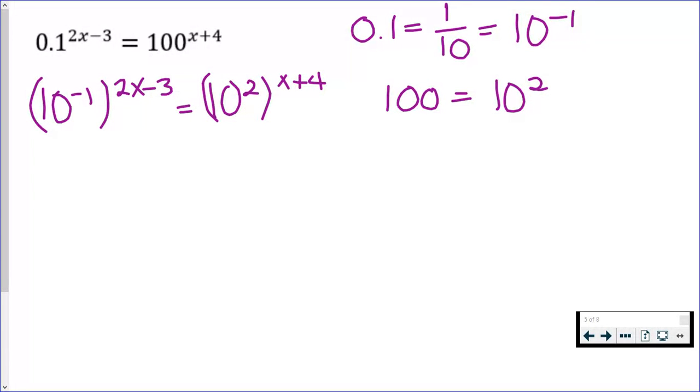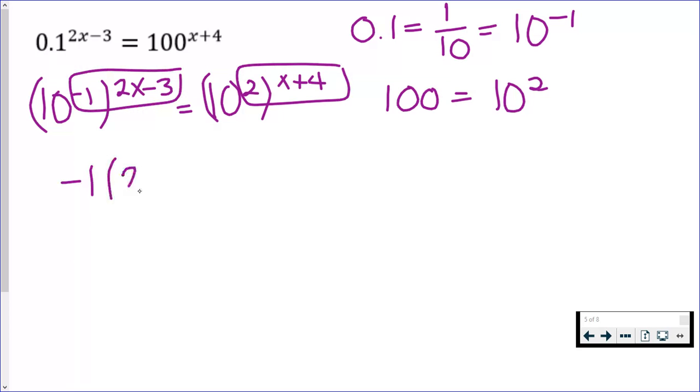And as you can see, I have a base of 10, so I'm going to do the same thing I did in the other two examples. What you're going to do is distribute and then solve for x again like I did before.